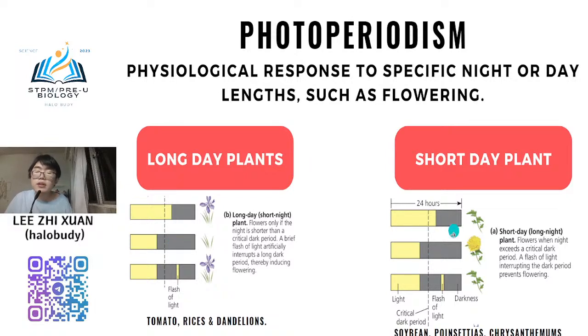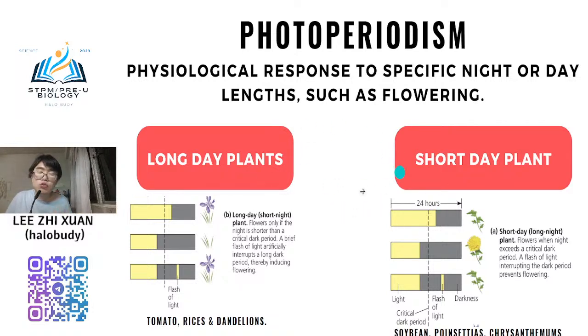Normally the critical dark period is 12 hours. So when the day is more than 12 hours, the long day plant will flower. Conversely, a short day plant, when the day is less than 12 hours, maybe only 8 hours, only 7 hours like that, will flower.